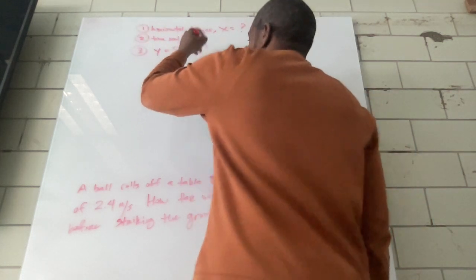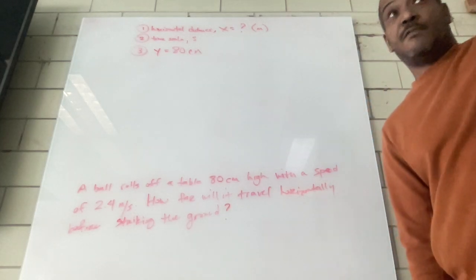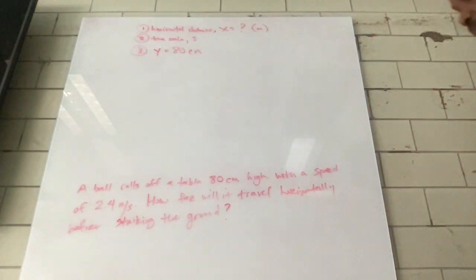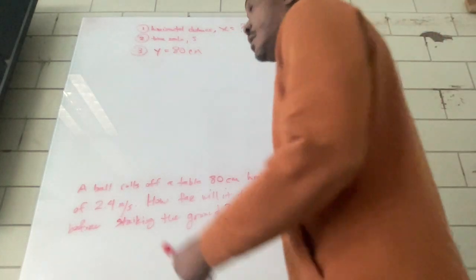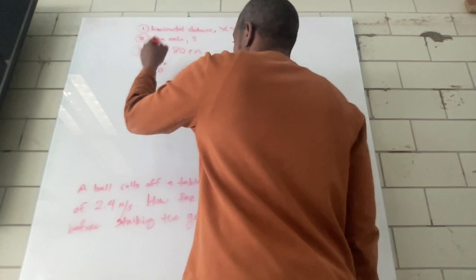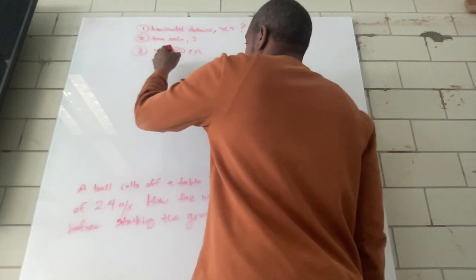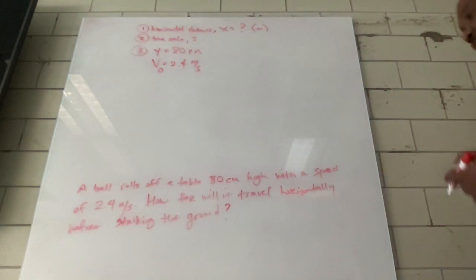Because Y represents vertical. What else? And we have a speed, and we'll call it the initial speed, in meters per second. That it?